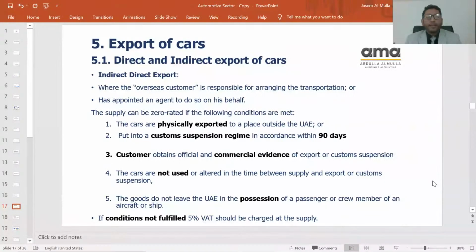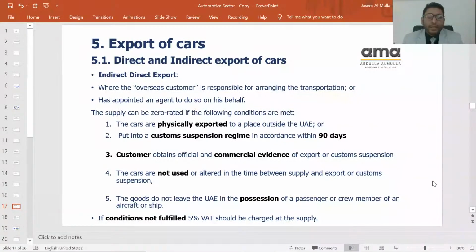The number one is the same as the previous one. The cars are physically exported to a place outside the UAE, or the cars are in customs suspension regime within the 90 days from the date of supply.